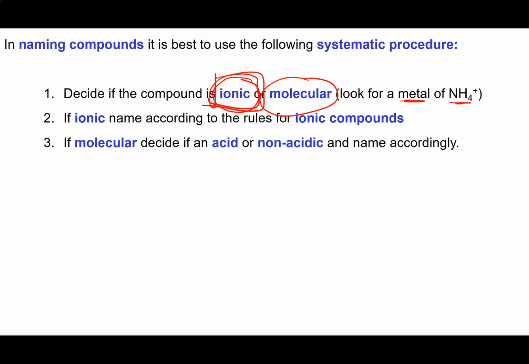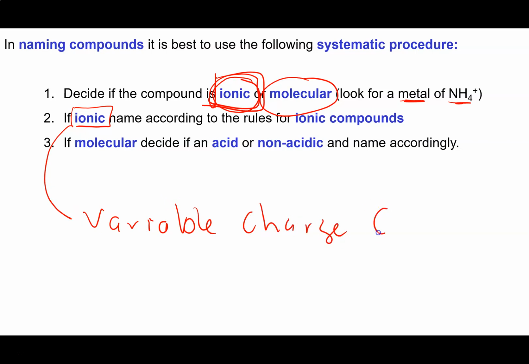So if it's ionic, you're going to name it according to the rules for ionic compounds. The main thing here is to be looking for a variable charge cation, because if it is present, you have to put the charge of the cation in Roman numerals in parentheses.